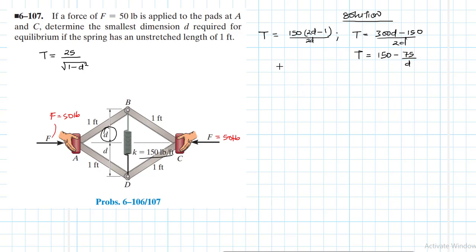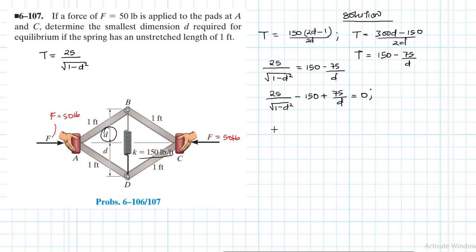So if we equate the two, we are going to have the following equation: 25 divided by root of 1 minus D squared is equal to 150 minus 75 divided by D. Writing this as a single equation: 25 root of 1 minus D squared minus 150 plus 75 minus D is equal to 0.